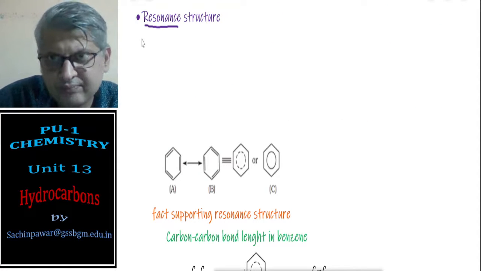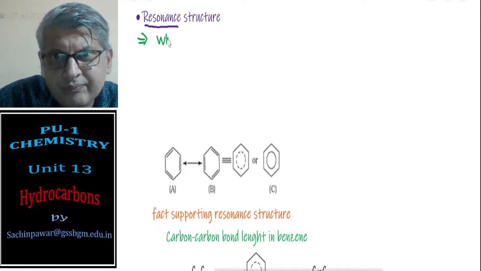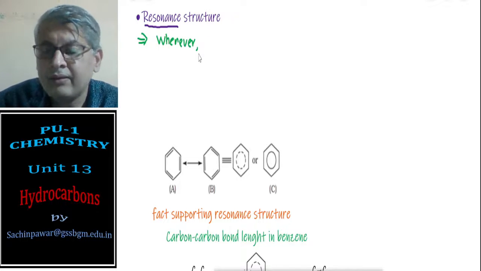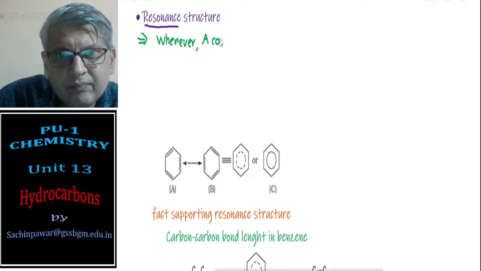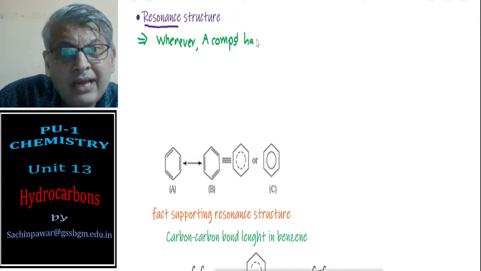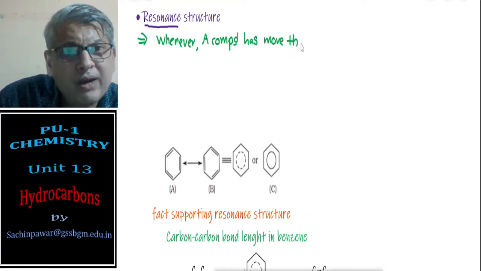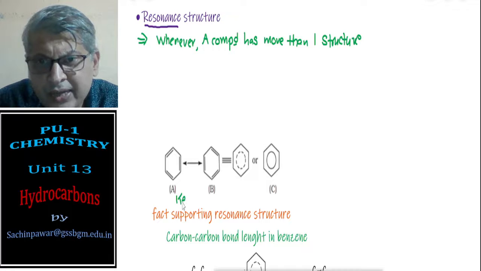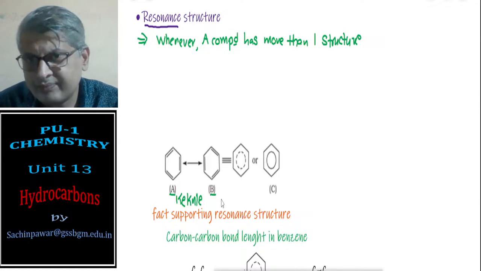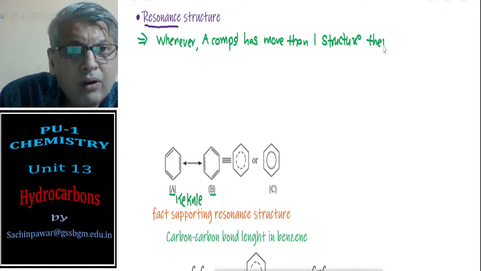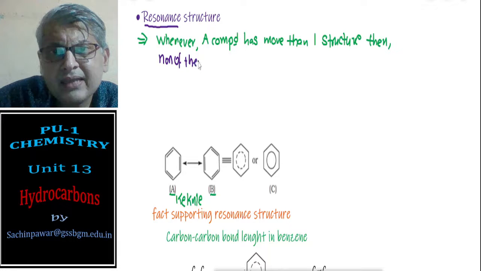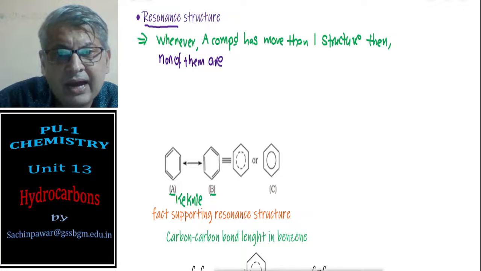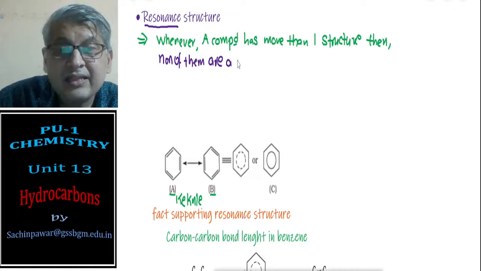Now according to resonance, that you have learnt already in the previous unit, unit number 12, organic chemistry, some basic principles and techniques, whenever a compound has more than one structure, as you see, these are Kekulé structures 1 and 2, A and B, then resonance says that none of them are the actual structures.